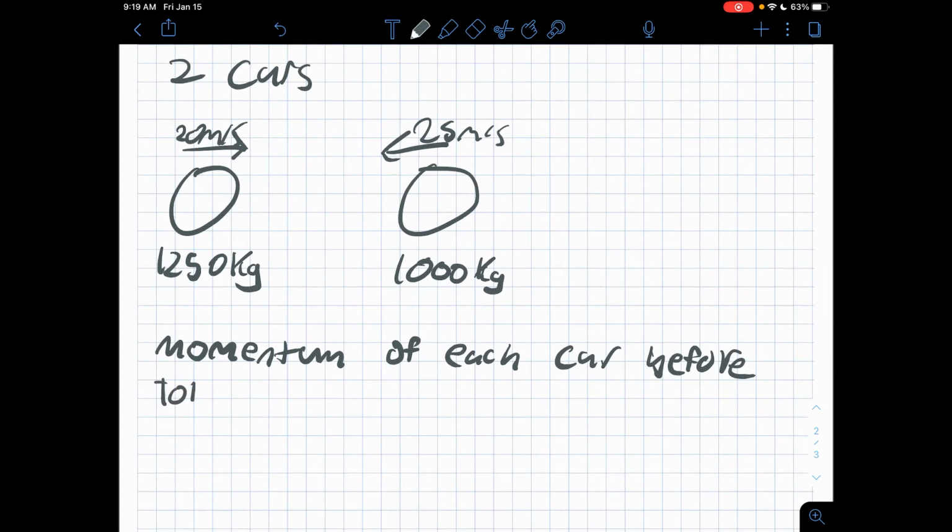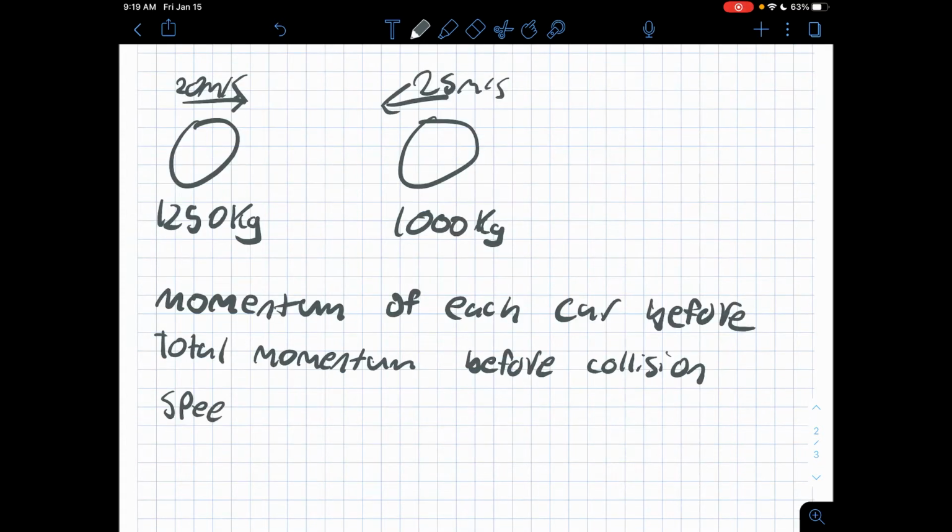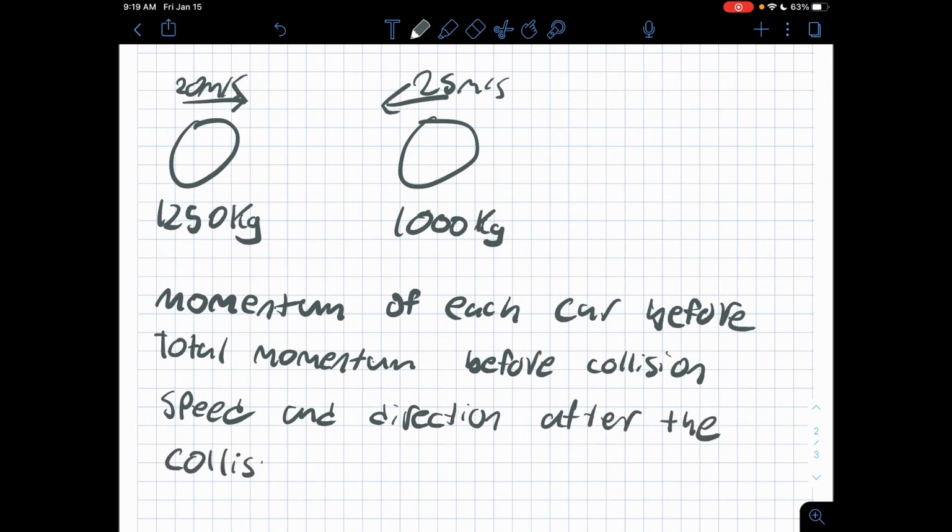And then I want you to determine the total momentum of the system before. And then after, I want you to calculate the speed and direction after the collision.